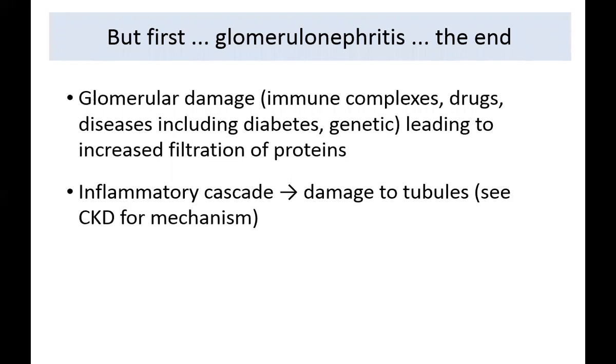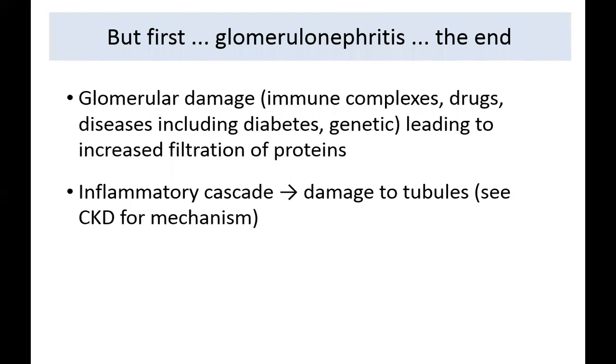And obviously, with diabetic nephropathy, it's the glucose that causes the hyperglycemia that causes the damage. Other things, immune complexes are very common, depositing in the glomerulus and causing damage to the glomerular structure. Various drugs can cause it as well. Other diseases, including diabetes, and genetic changes to the podocytes, the foot processes, the mesangial cells, can all lead to some initial damage to the glomerulus.